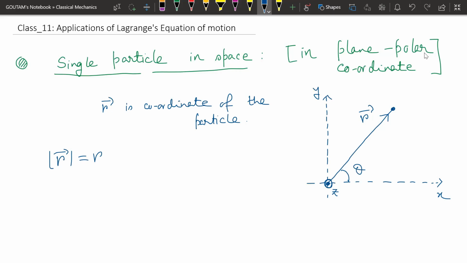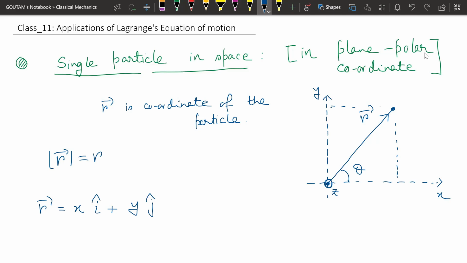So if we write r as x i hat plus y j hat, this is x length along the i hat direction, along the positive x direction, and then y length along the positive y direction. In this way we get to this point.